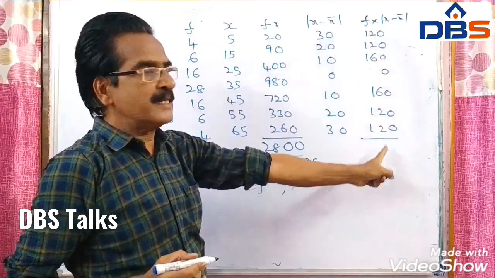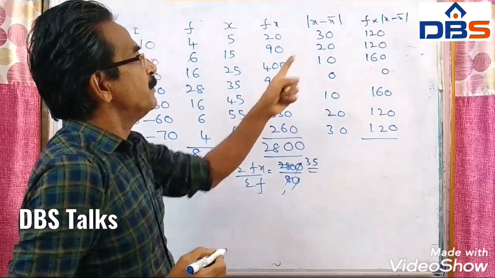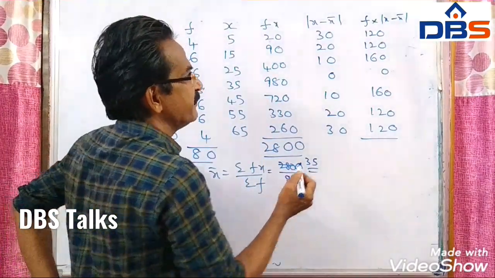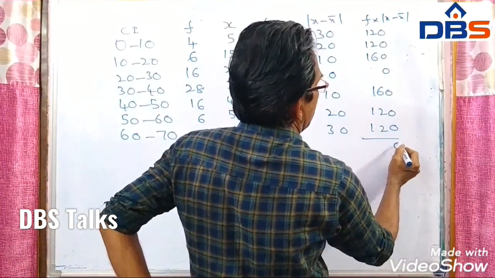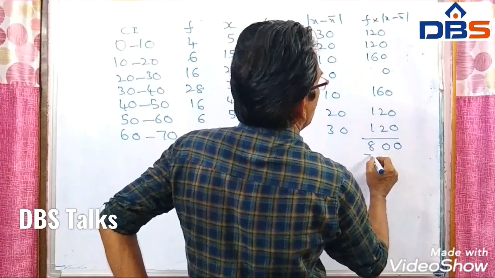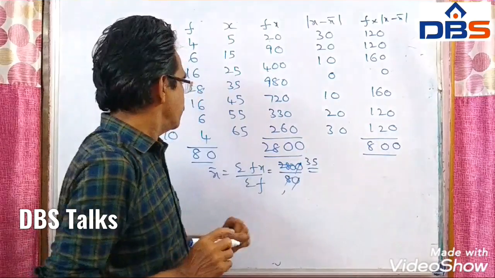So we have to add these. Sigma f into mod x minus x bar by sigma f is the mean deviation. Let us total this, friends. Sigma f into mod x minus x bar is equal to 800.